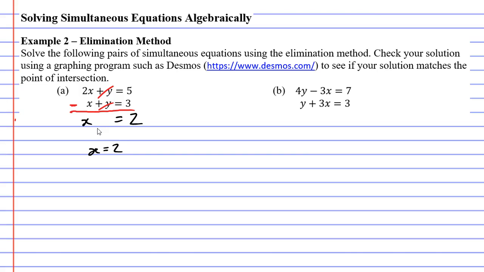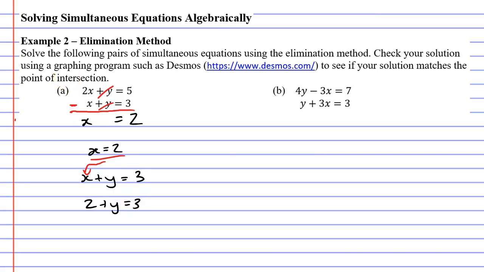Now what we need to do is find y. And that's not too difficult because we just pick either equation. I'm going to pick the more simple one down the bottom, x plus y equals 3. So if x plus y equals 3, and we know that x is 2 up here, which we can substitute in place of x, then we get 2 plus y equals 3.